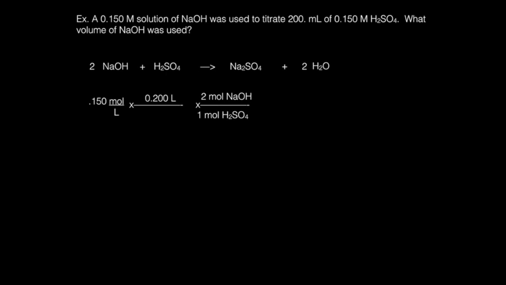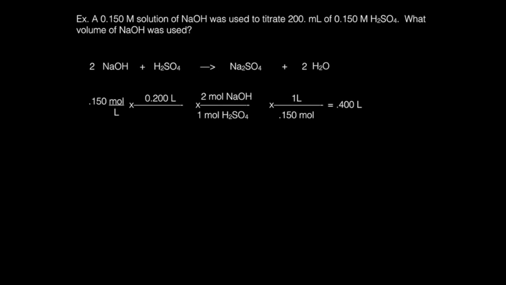Well, I know the concentration of sodium hydroxide. It's 0.150 molar. Well, since molar are moles per liter, what I can do is I can take the 0.150 moles per liter and put that on bottom, so moles on bottom, and liters up top. And so it's just a quick manipulation of stoichiometry to figure out how to get equal numbers of moles of base and acid.